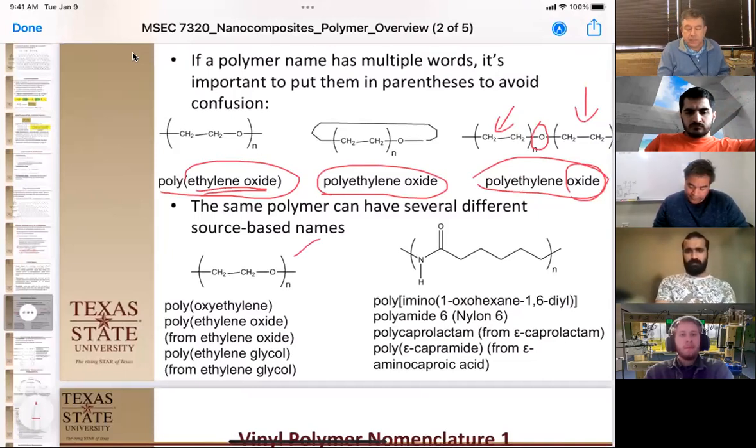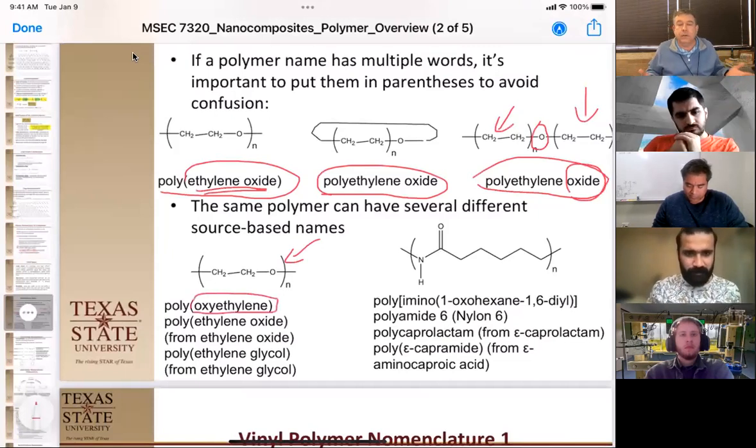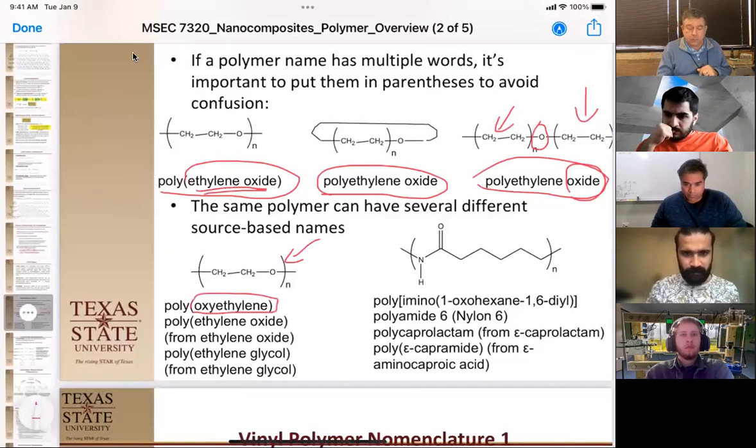So this one right here, polyethylene oxide, or PEG, a lot of people call polyethylene glycol. Well, it's polyoxyethylene, and you can use that if you're making it from some kind of ether synthesis, or polyethylene oxide if you're making it from an anionic polymerization of epoxy.